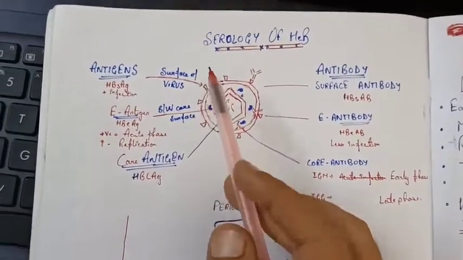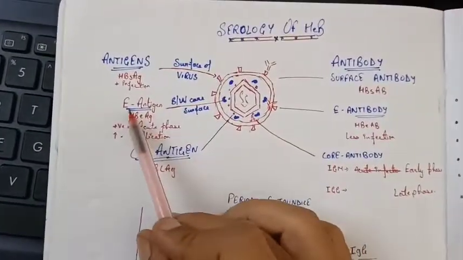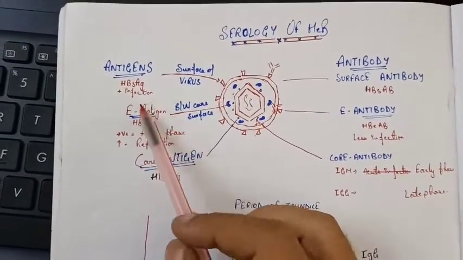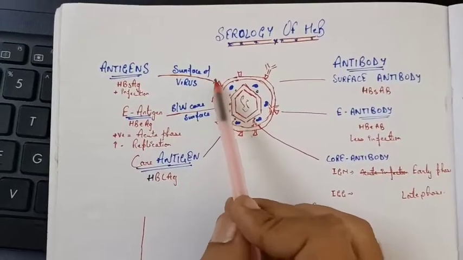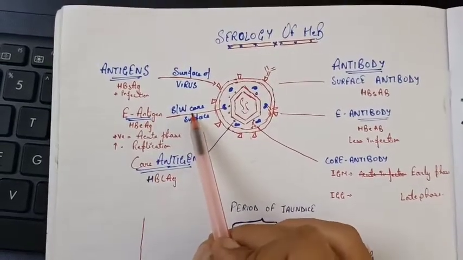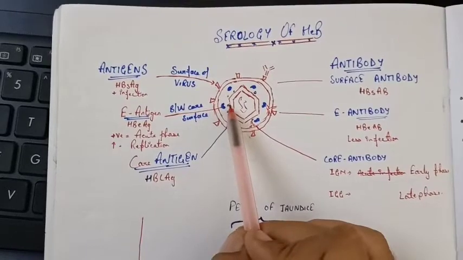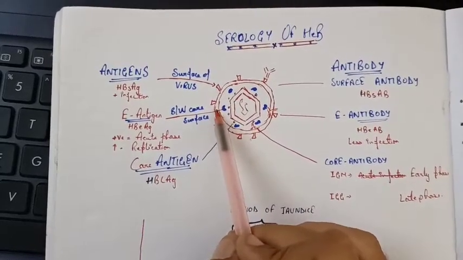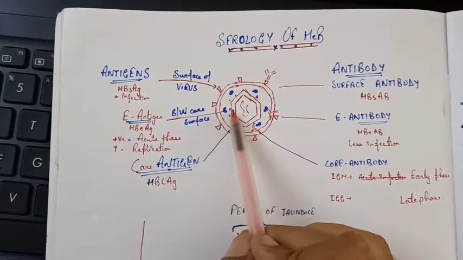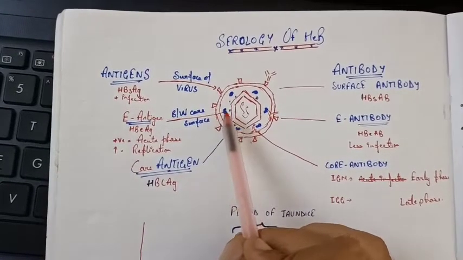So the next one is E antigen. The surface antigen was found on the surface of hepatitis B virus. The E antigen is found between the surface and the core. This is core, this is surface. So E antigen is found between the surface and the core.